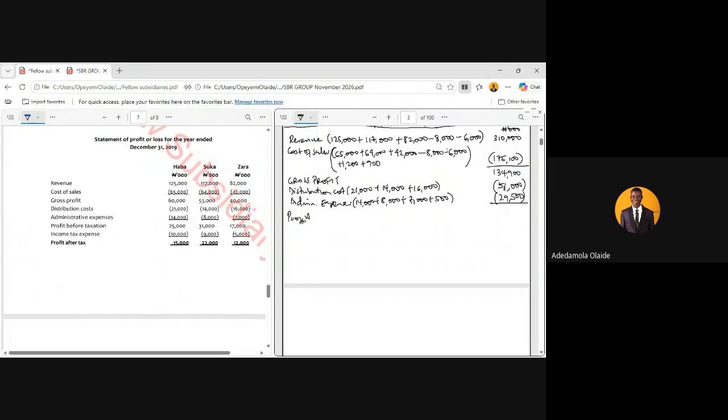Okay, we have profit before taxation. And the profit before taxation will be what? 54,900. 900 or 400? This is 500 here now. 500 minus 900 will give us 400.